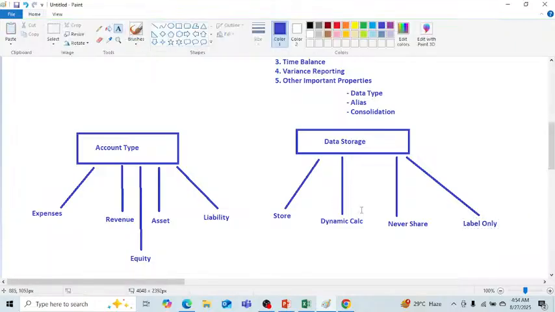So we have the four options under the data storage. In brief, I will explain what these options are under the members property of data storage.